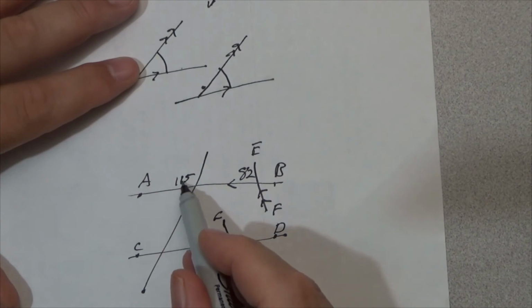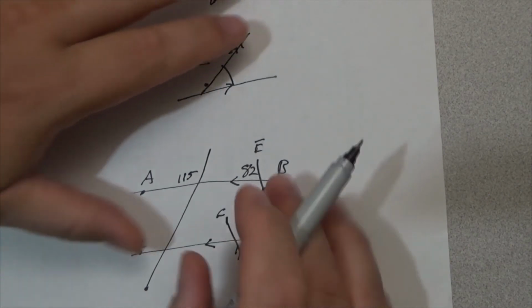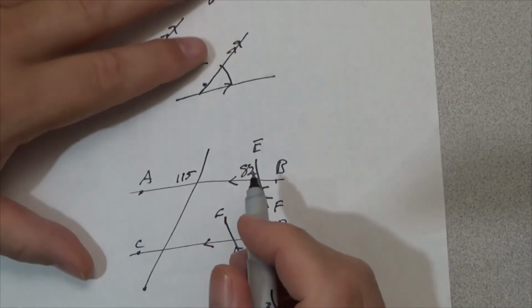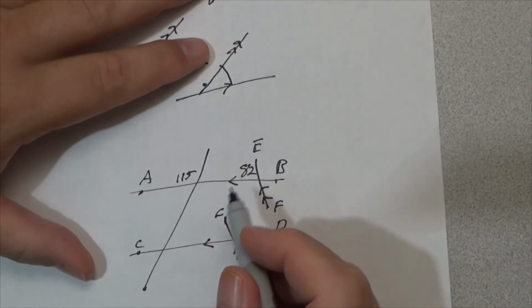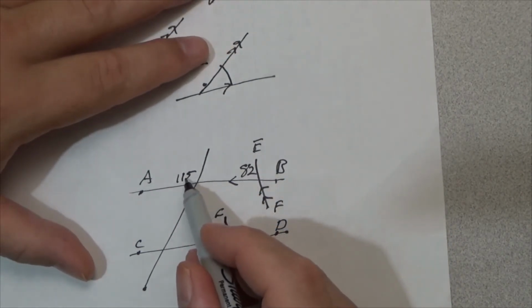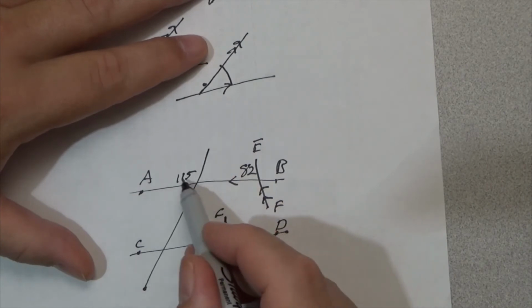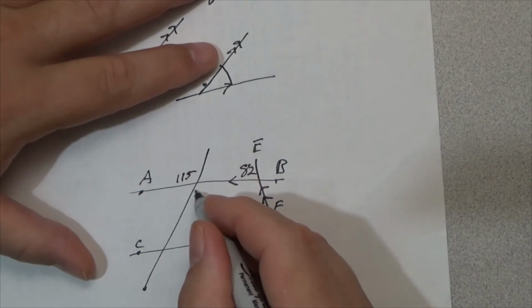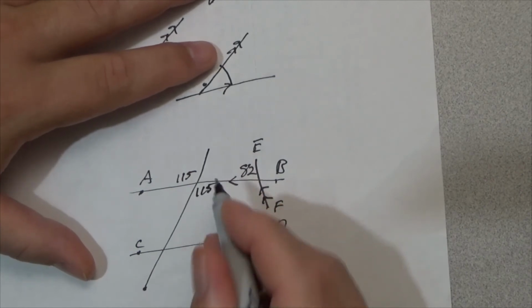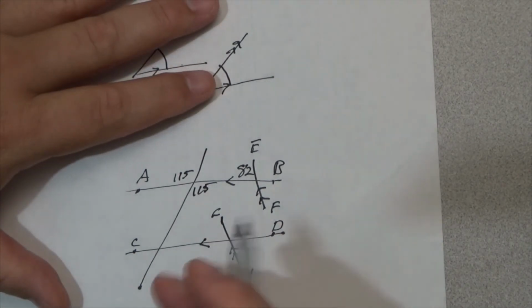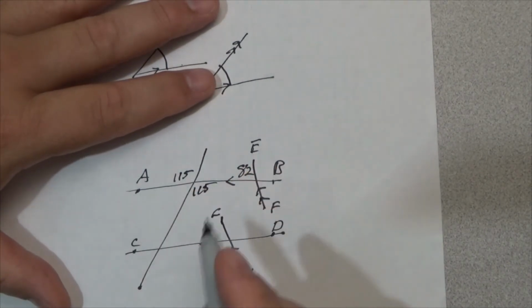So if this angle is 115, now I know from what we just mentioned that opposite angles are the same. So therefore, this line and this line come together, so opposite angles are the same. So that is 115 right there. Now, there's a couple of different ways we can approach this.